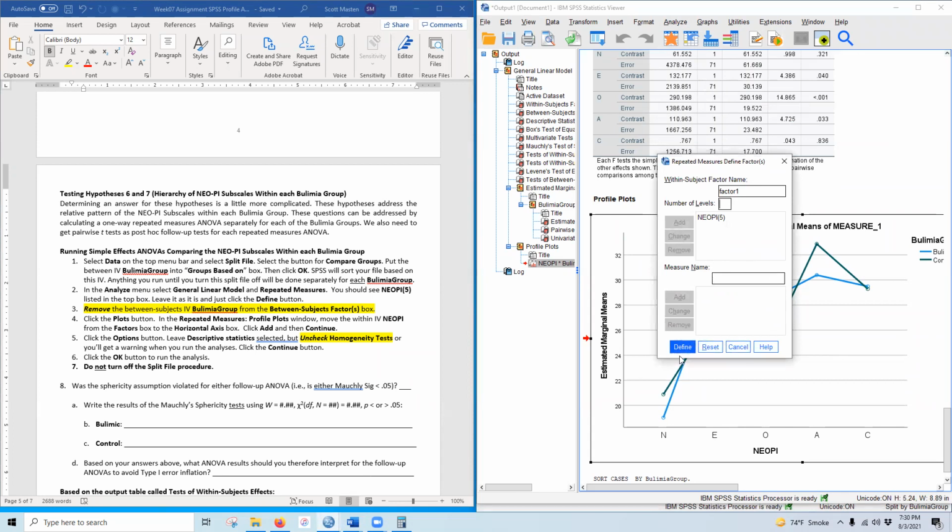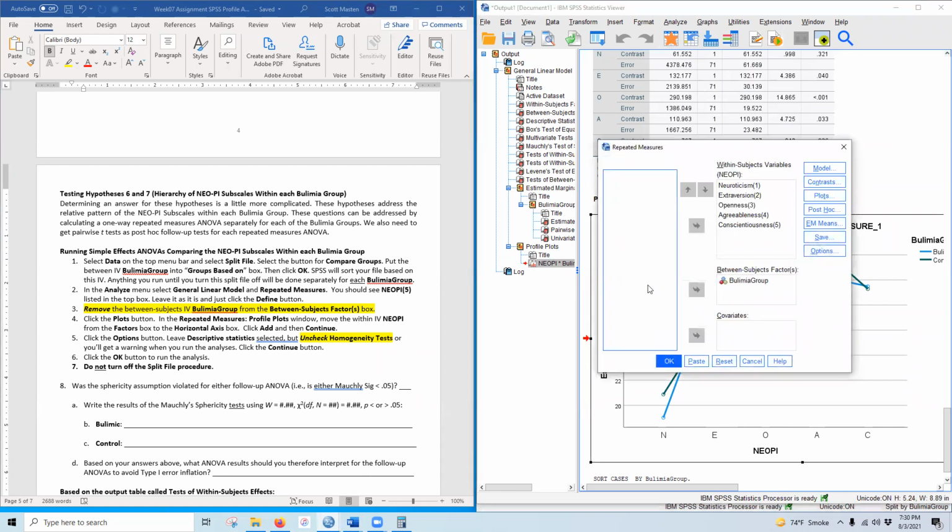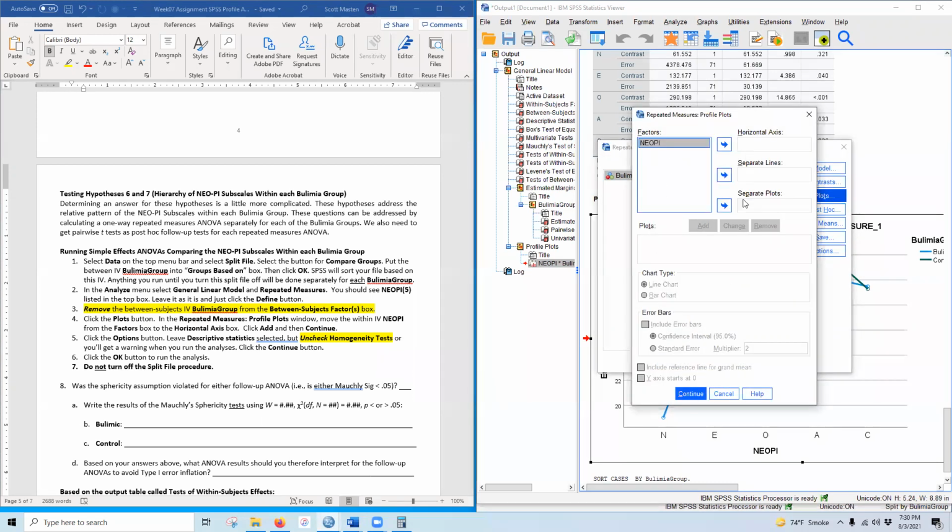So we go back in to General Linear Model, Repeated Measures. This is fine. We still have NeoPI, so click Define. We have to remove bulimia group from here. And then in the Plots button, we need to move the within IV NeoPI from the factors box to the horizontal axis box.